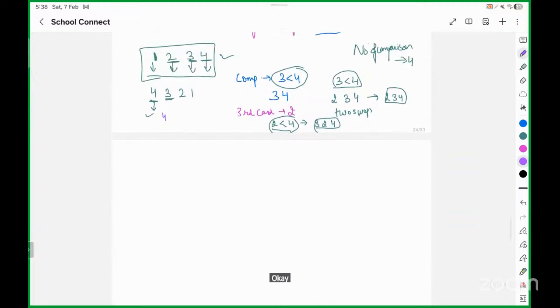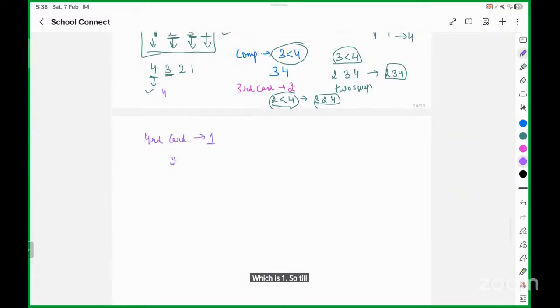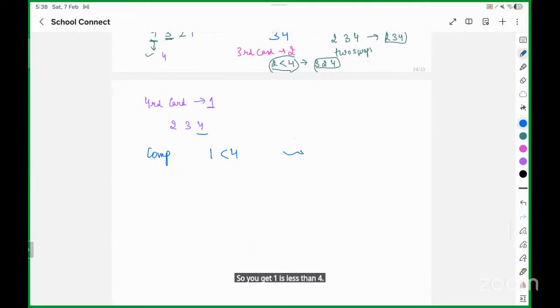Okay. So now the fourth card comes, which is 1. Till now your sorted array is 2, 3, 4. The first comparison was between 4 and 1. You get 1 is less than 4. You swap and it will be 2, 3, 1, 4.